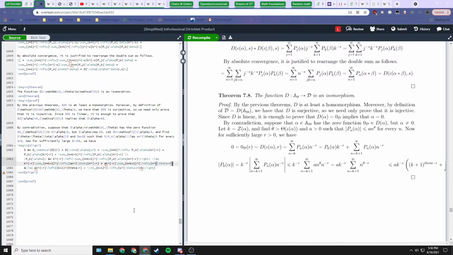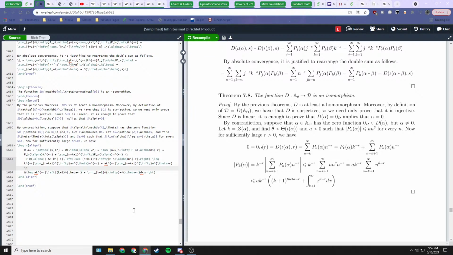Oh gosh, I didn't do a new line. You thought I divided by k power minus r? Yes, you are right. Let me fix that. So we should have k power positive r. We divide by k power, so we should be multiplying by k power r.